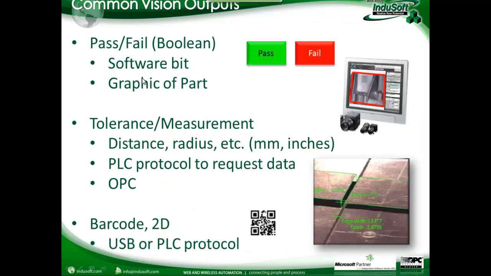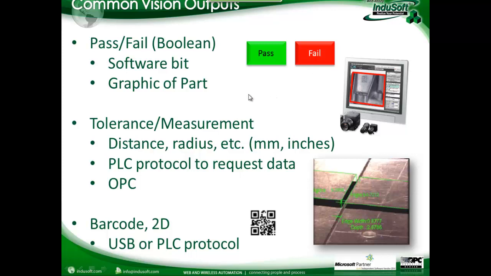So taking those types of applications for vision systems, I'll explain those in a little bit more detail. Very often a pass-fail is a Boolean operation or a bitwise operation, where from the camera we might be able to see just a software bit. Is it on or off? And we can represent that on an InduSoft Web Studio screen as a pass or a fail.